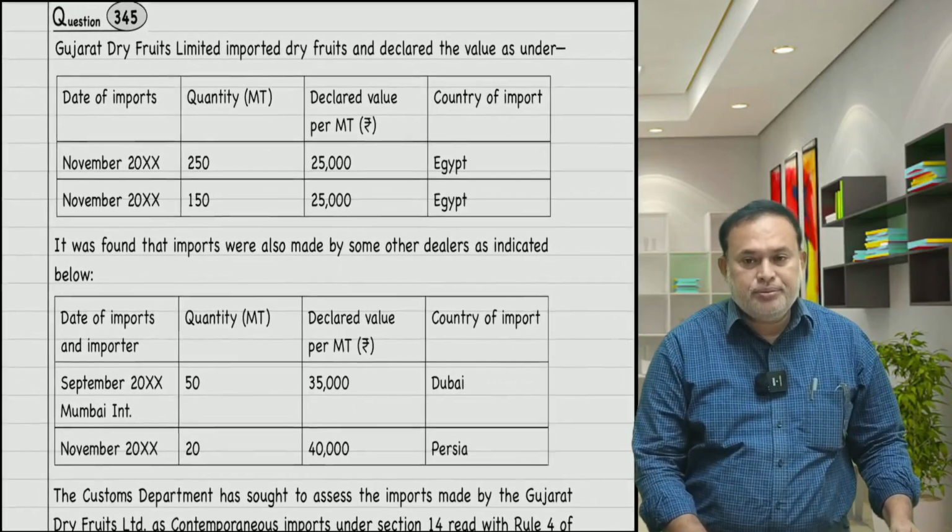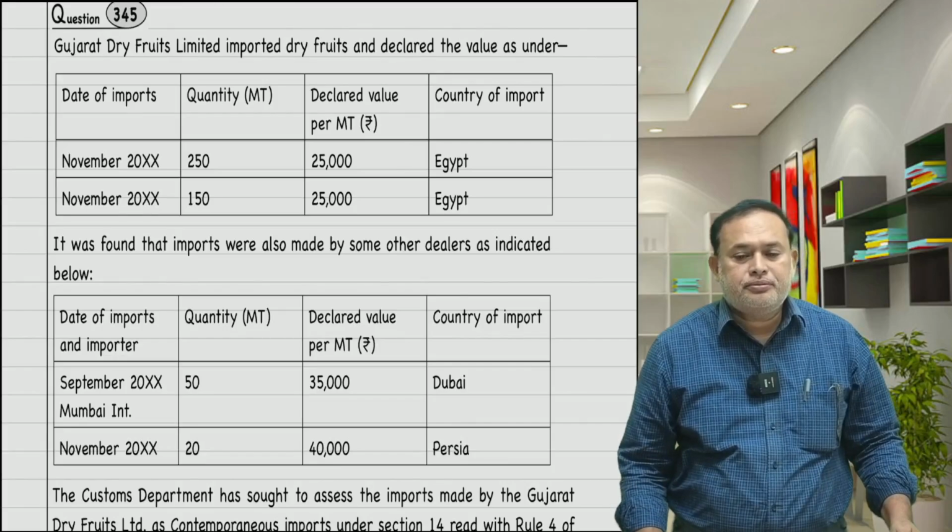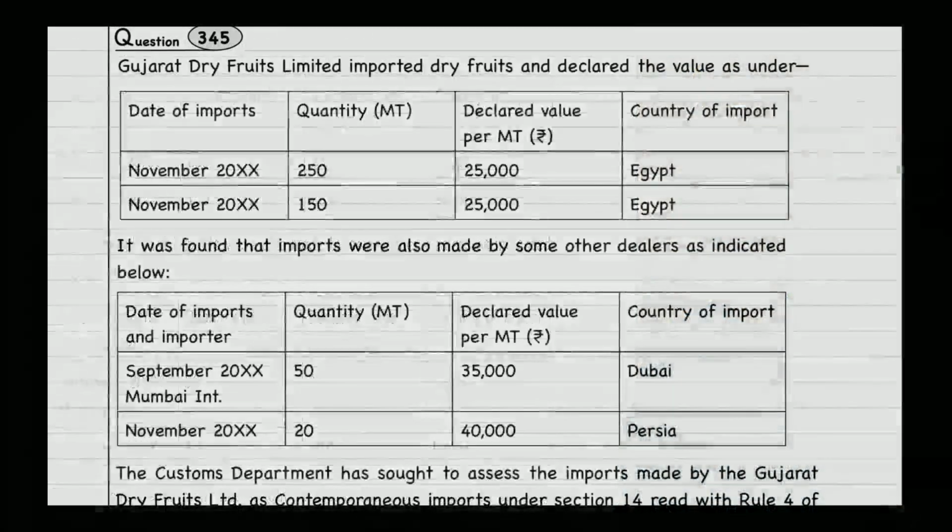Reading as follows: Gujarat Dry Fruits Limited imported dry fruits and declared the value as under. Date of import November, quantity 250 metric tons, declared value per metric ton 25,000 rupees, country of import Egypt. November, quantity imported 150, declared value per metric ton 25,000, country of import Egypt.